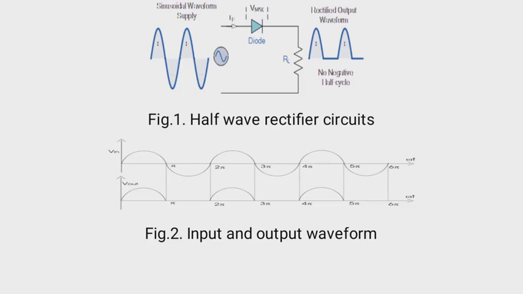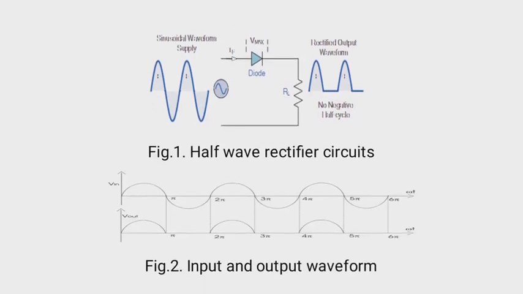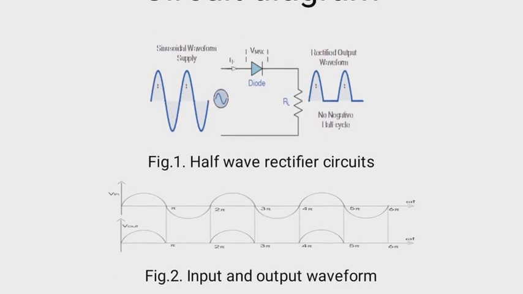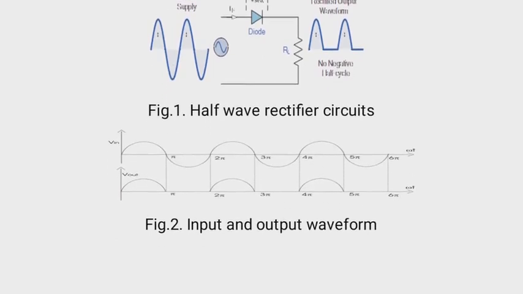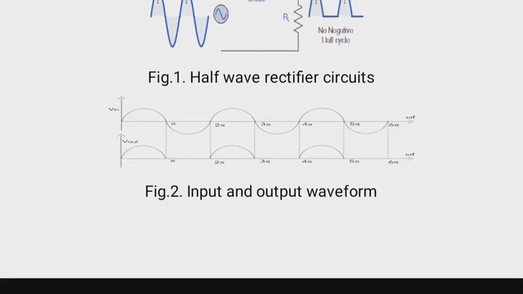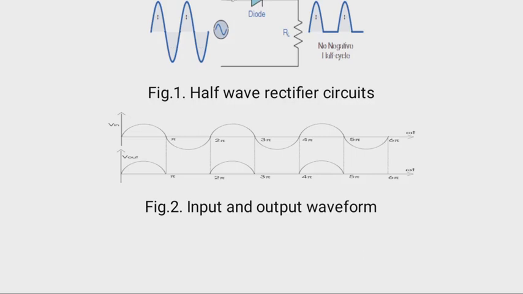That means the P terminal is negative and the N terminal is positive. Such a configuration is basically called the reverse biased configuration. That means the diode will be in blocking state. So across the output terminal we are not getting any current. When the negative peak passes, the output voltage will be 0.